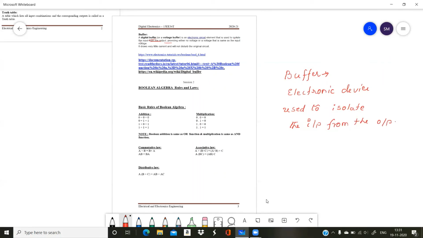This buffer usually provides no voltage or a very small voltage, which will not affect the actual circuit.